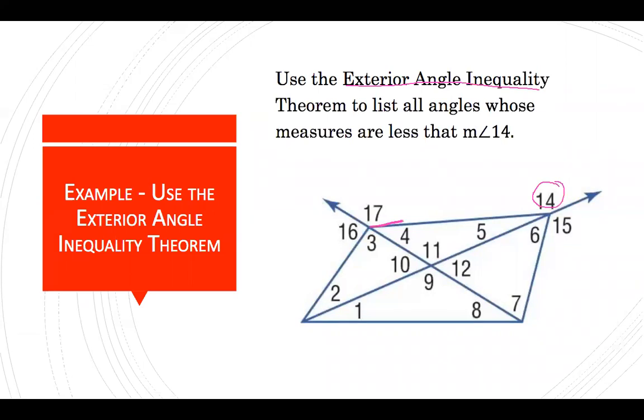Here's the first triangle. And I'm going to keep going so I can see that 14 is the exterior angle for that triangle. So if this is my first triangle, Aaliyah, what angles are less than 14?